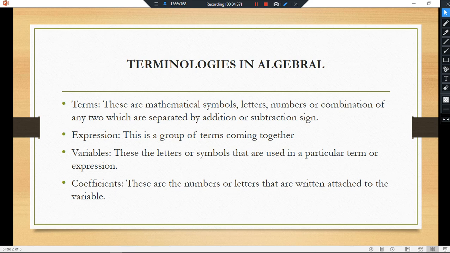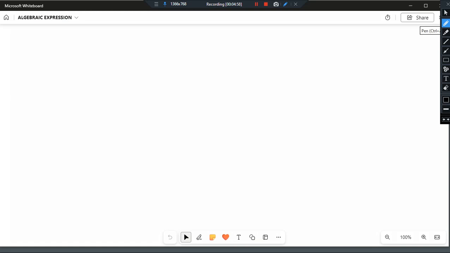To talk more on this, let us take an example as usual. So if I have, say, 3x, just as I used earlier, plus say 4y.